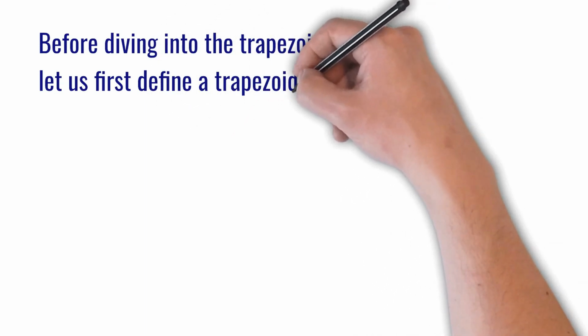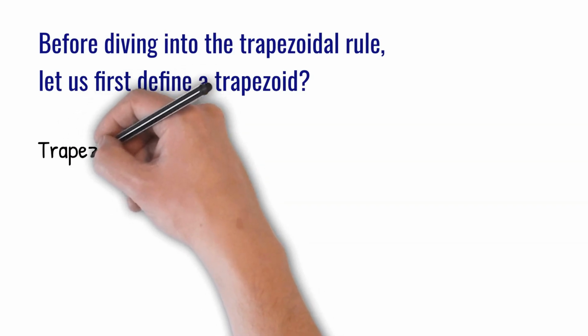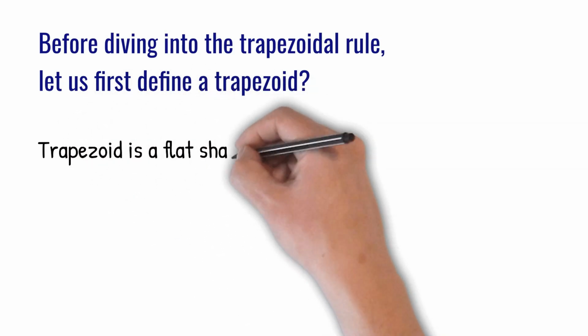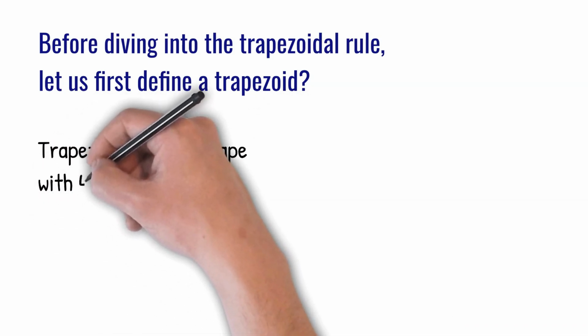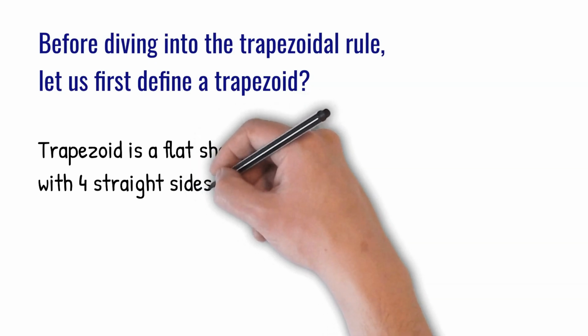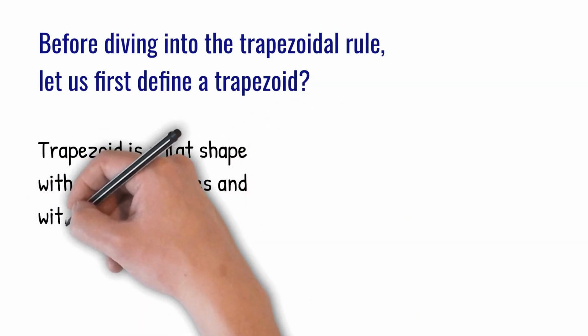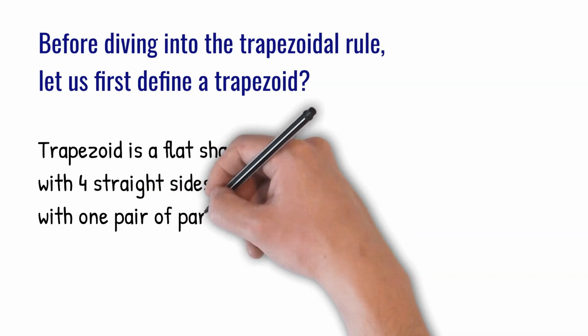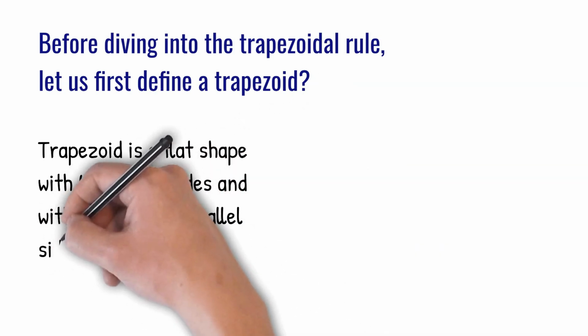Before diving into the trapezoidal rule, let us first define a trapezoid. A trapezoid is a flat shape with 4 straight sides and with 1 pair of parallel sides.